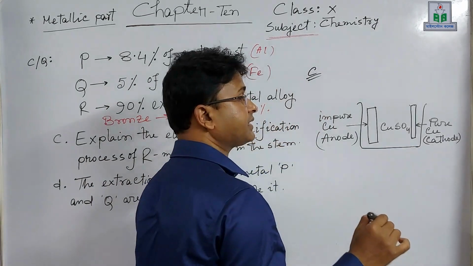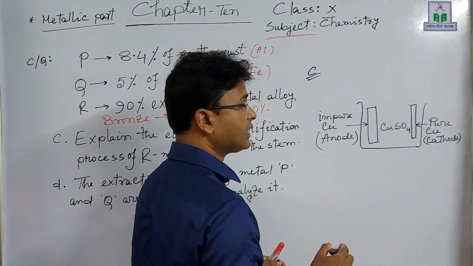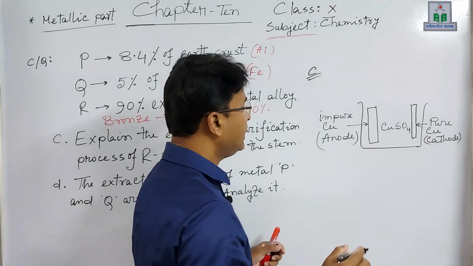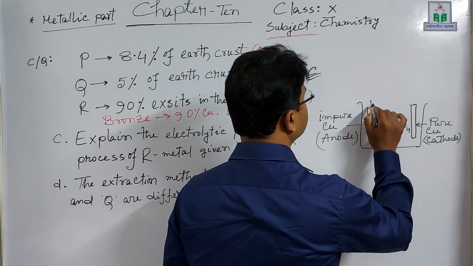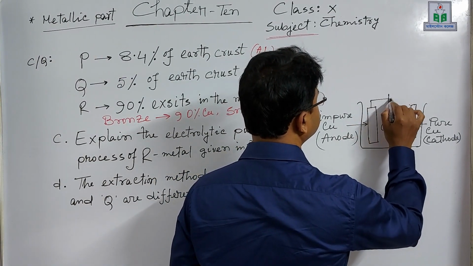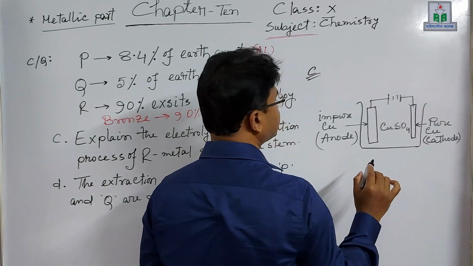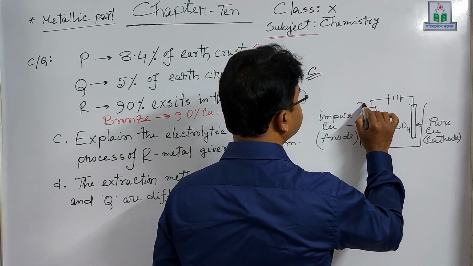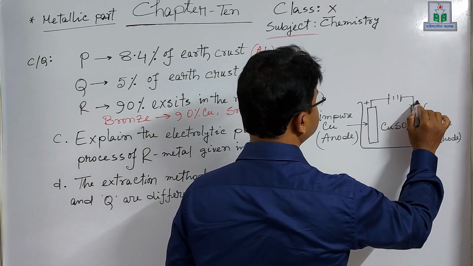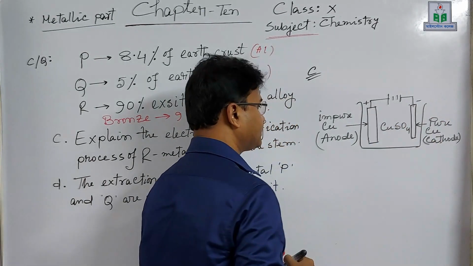Here copper sulfate is used as the electrolytic substance, and then anode and cathode are connected with the battery. Anode is connected with the positive pole of the battery and cathode is connected with the negative pole of the battery.